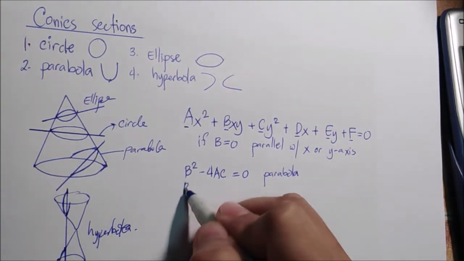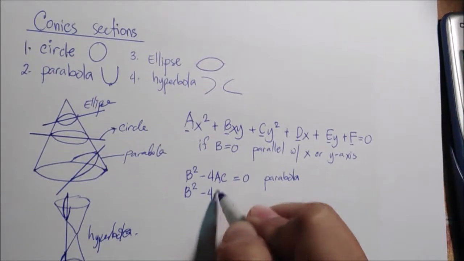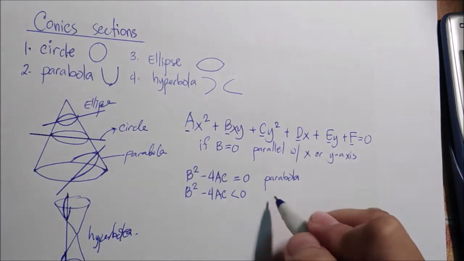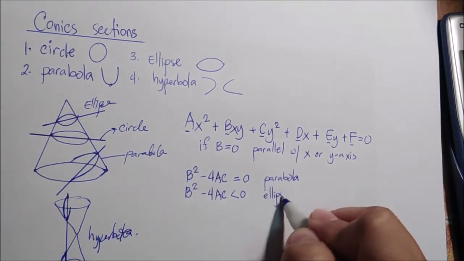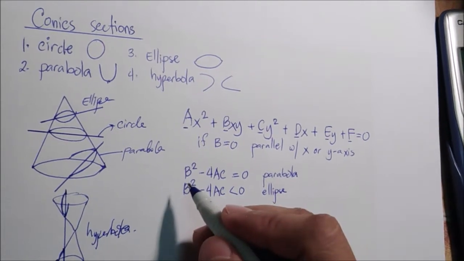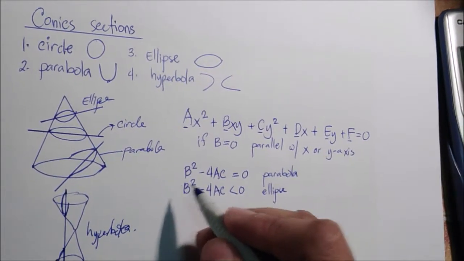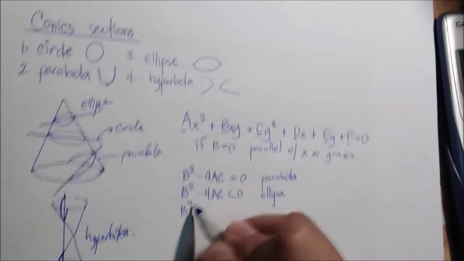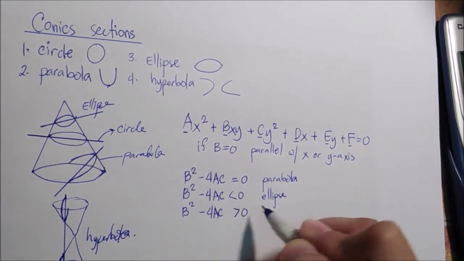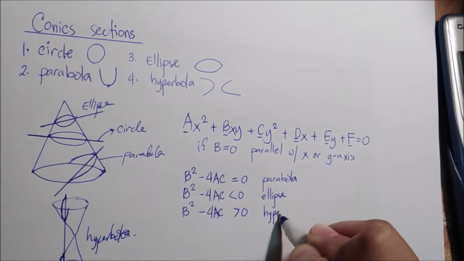If b squared minus 4ac is less than 0, this is an ellipse. If b squared minus 4ac is greater than 0, this is a hyperbola.